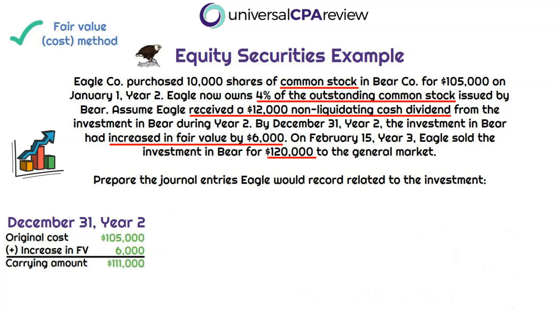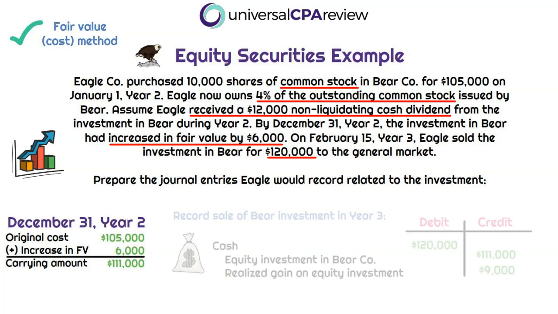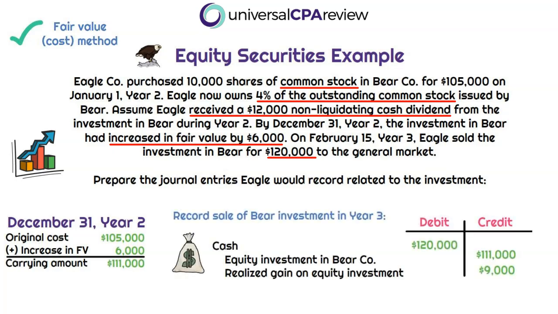method. So moving forward to February 15th of year 3, Eagle says, okay, let's dump this thing. Let's sell it. Right? So they sell all 10,000 shares of common stock for $120,000. Now remember, at December 31st, year 2, the fair value was $111,000. So they're going to make some money on this, right?